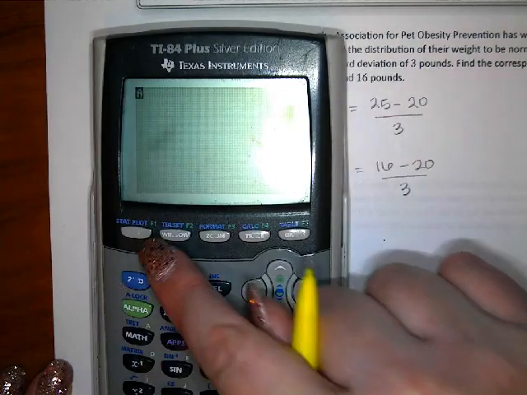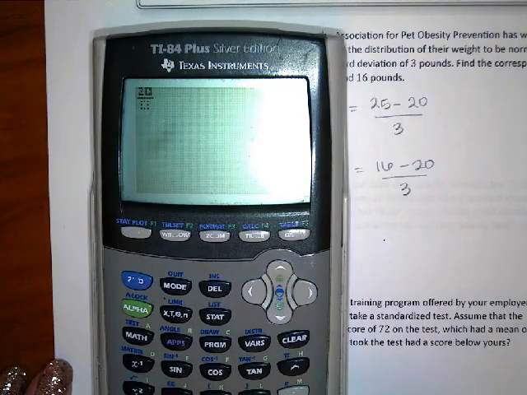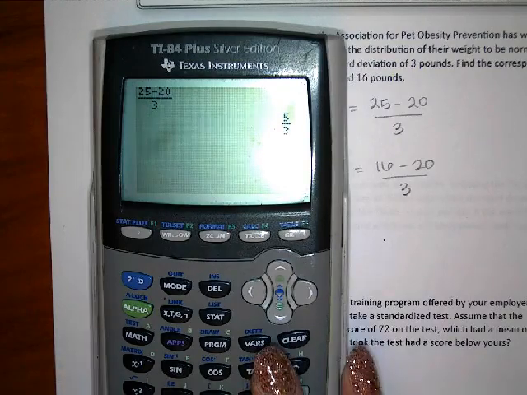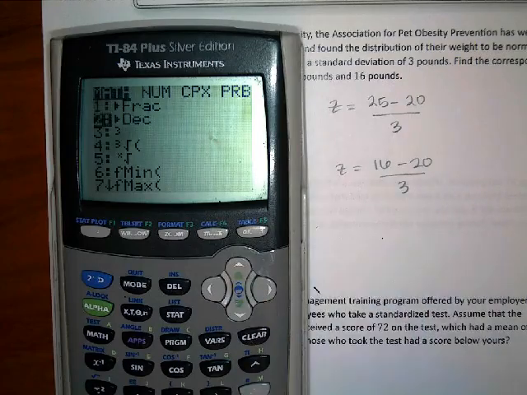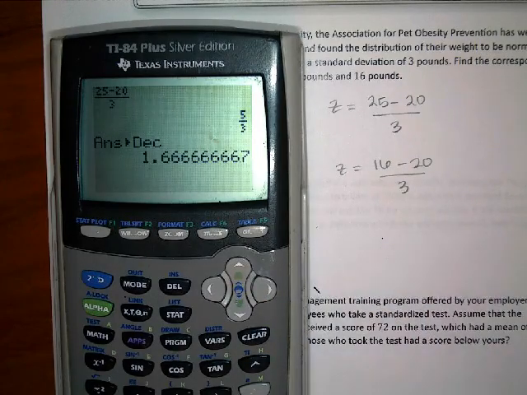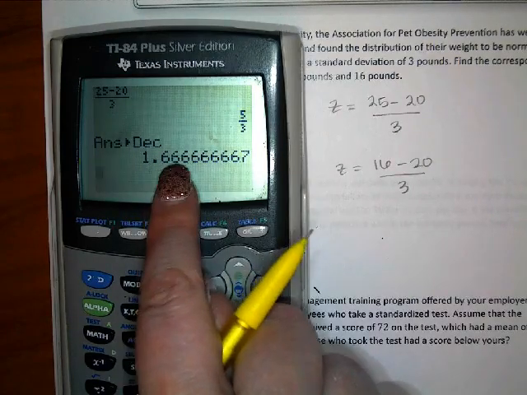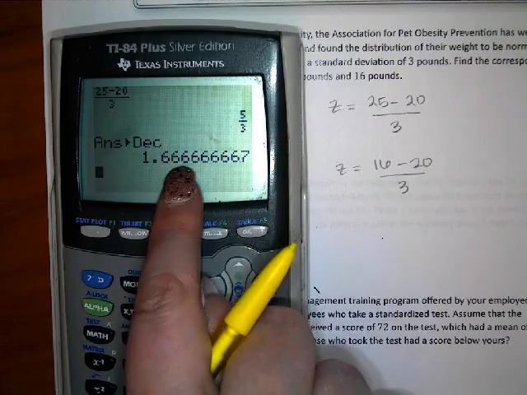So 25 minus 20 divided by 3. I get 5 over 3. I'm going to go ahead and turn that into a decimal. And with Z-scores, we like to write 2 decimal places. So I'm going to write 1.6, and then with the other 6, I'm going to convert that into a 7, because with 6s, we should round up. So this is 1.67.